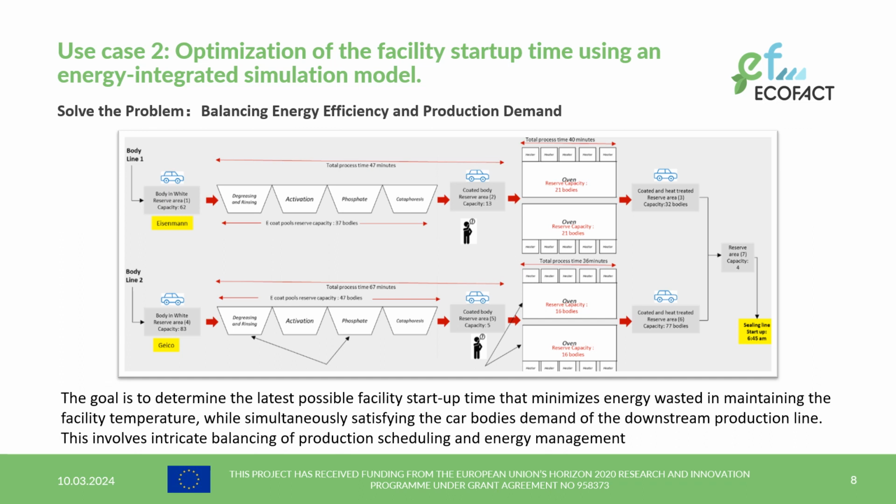To ensure an appropriate start and stable performance of the subsequent sealing, it is crucial to preheat the pool and oven in a timely manner. However, maintaining the oven and tool temperatures consumes a significant amount of energy, which can result in energy loss if very early preheating is conducted.